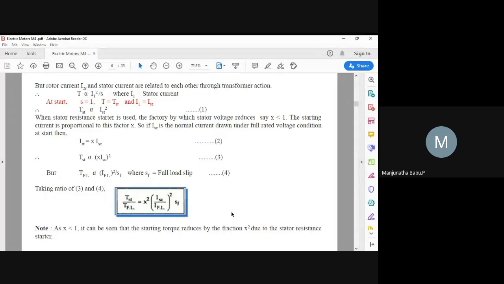What is the starting current at the supply? 3.33 times the full load current. So that's what we have to find.